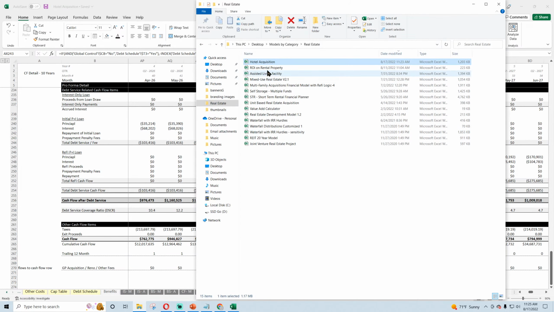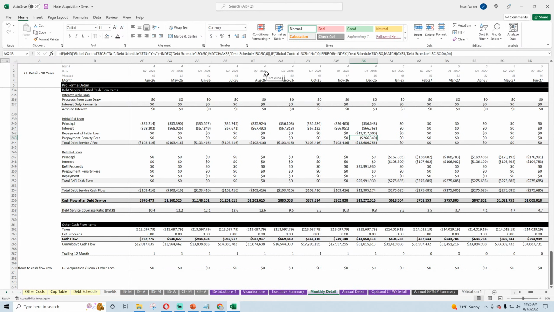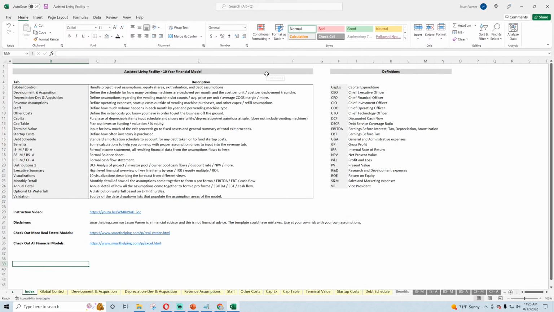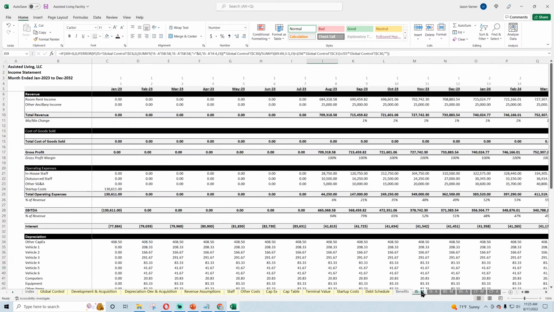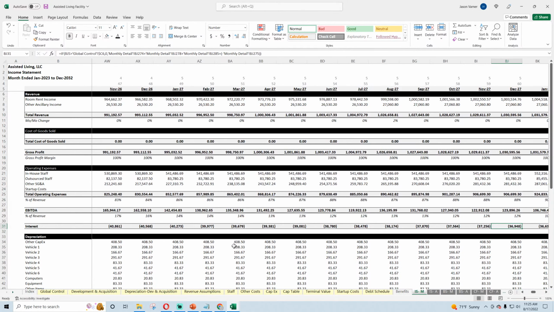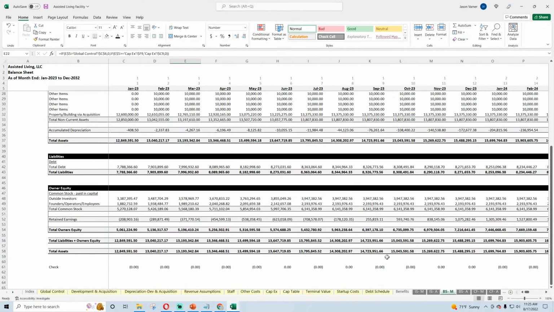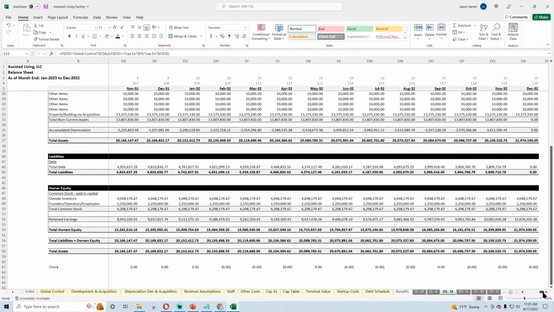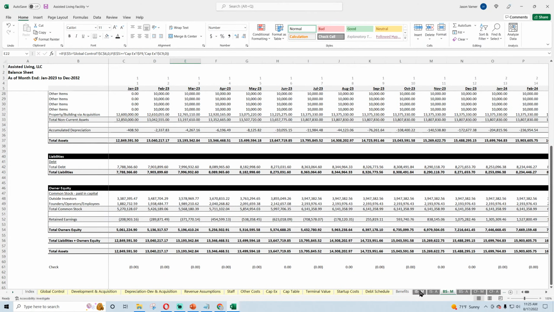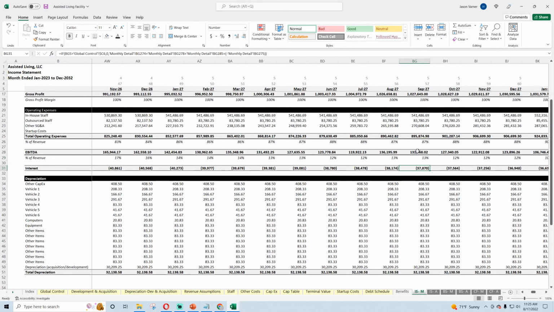Now I want to pull up the assisted living to make sure that it is in here, because this is the template I used to start, and I just want to make sure, is this counting? Now it should be, because it does balance. Let's just double check. So when is the refi happening here?